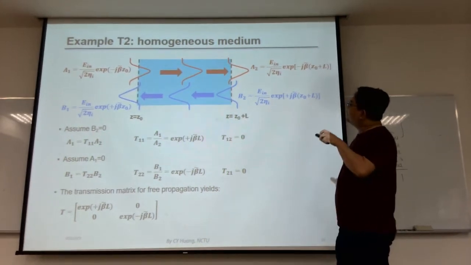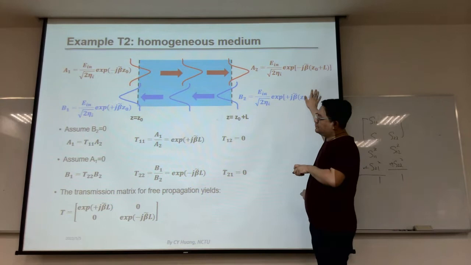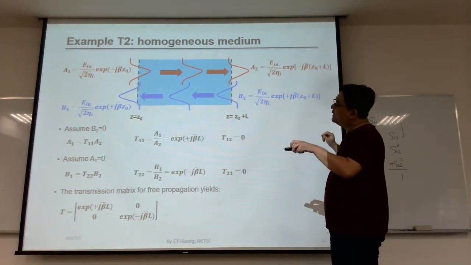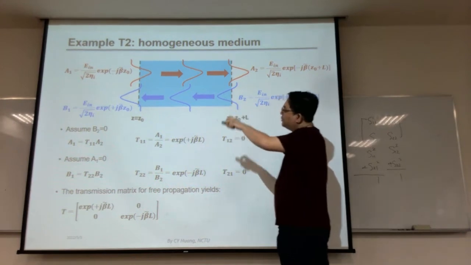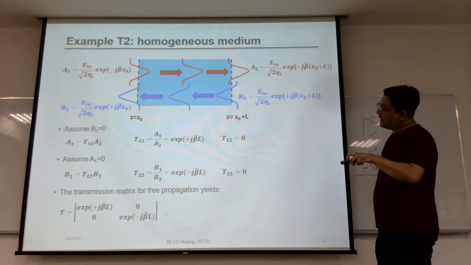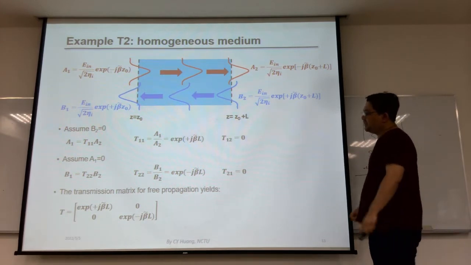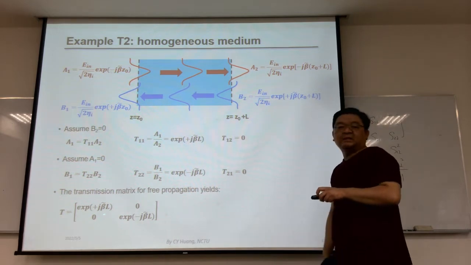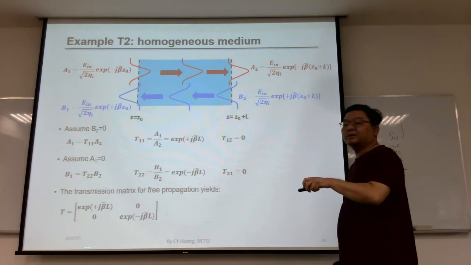The other case is we can assume B2 is 0. Or we assume A1 is 0. Oh, okay, yeah, so we assume A1 is 0, no input here. We will also get T21 to be 0 and T22 to be exponential minus j beta L. So the transmission matrix is a matrix like here.